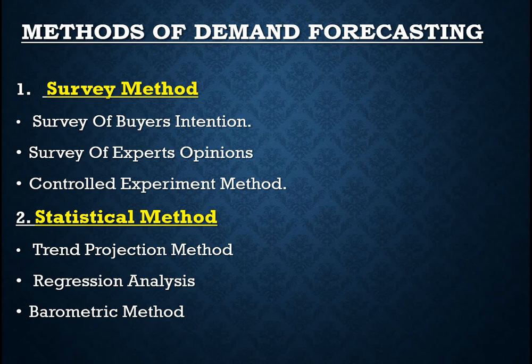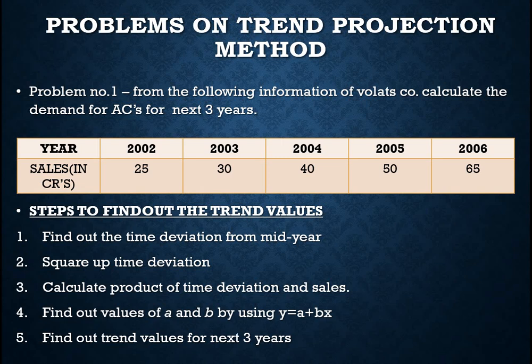Now, first problem. From the following information of Voltas company, calculate the demand for ACs for the next 3 years. They have already given the year and sales, that is sales in crores. How many years have they given? 2002, 2003, 2004, 2005 and 2006.